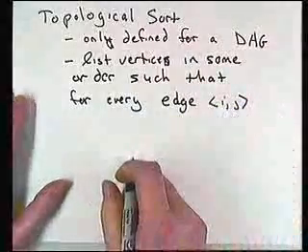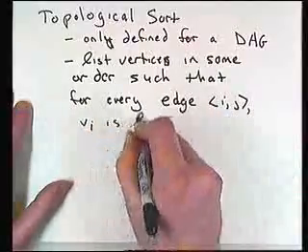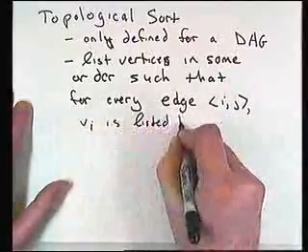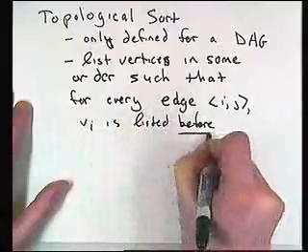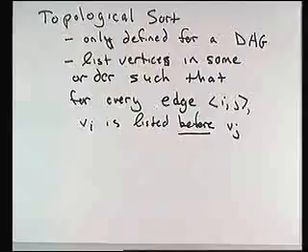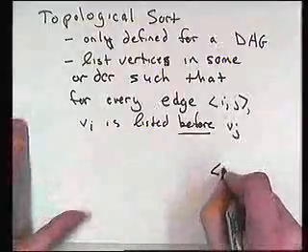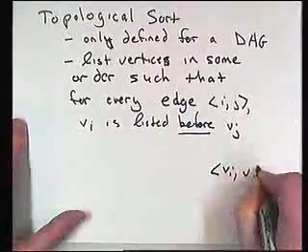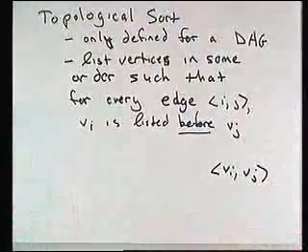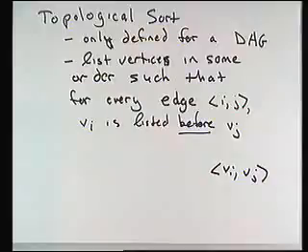For every edge i, j, vi is listed before vertex j. So in other words, and I could have really written this edge as vi, vj as well, if that would make things clearer. The idea is basically, for every edge in your graph, the source of that edge has to be listed before the target.